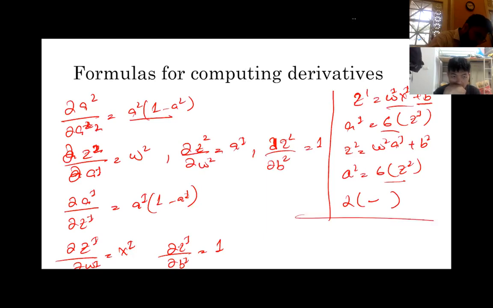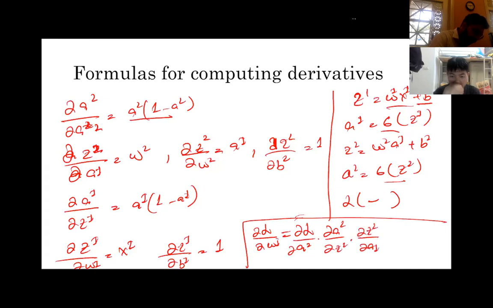So let's try a few test values. Let's take the partial derivative of L with respect to, let's say, w1. This would be the partial derivative of the loss function with respect to a2, partial derivative of a2 with respect to z2, partial derivative of z2 with respect to a1, partial derivative of a1 with respect to z1, and partial derivative of z1 with respect to w1.